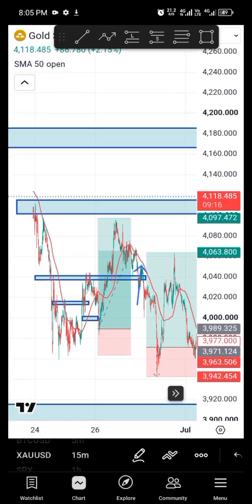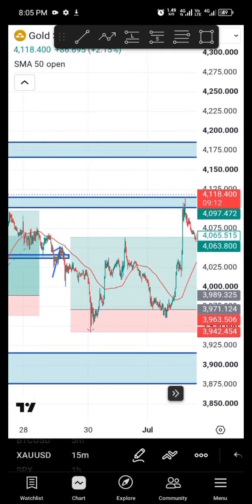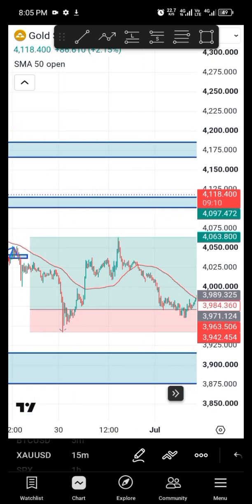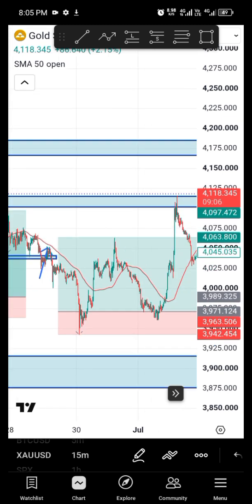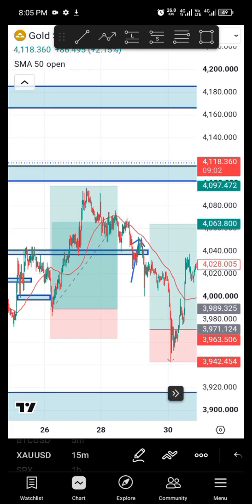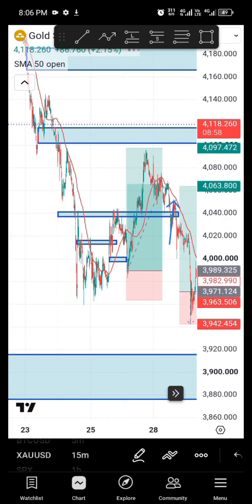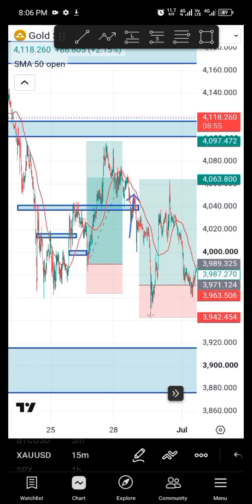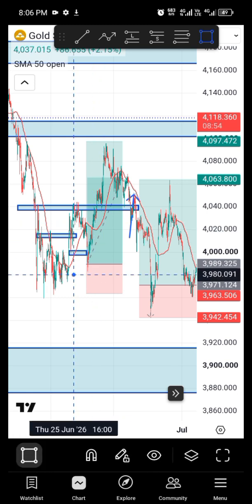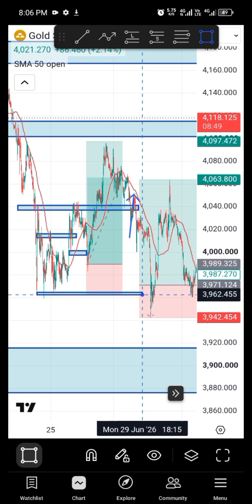Now, what I saw yesterday, I just cleaned the chart. Number one, there was a massive push up after liquidity must have been swept. Most of these concepts, guys, I'm going to teach in my videos.